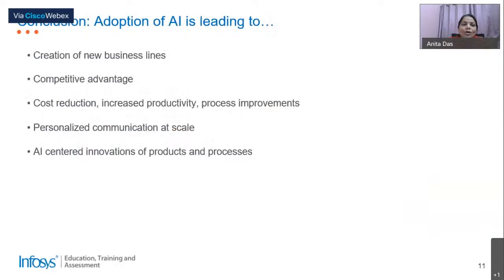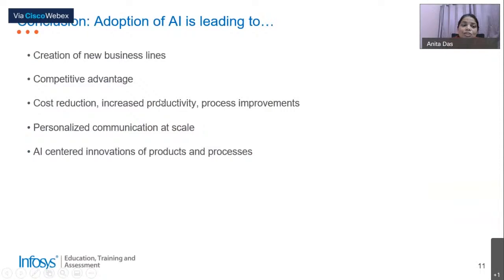So I can conclude what we discussed till now. Adoption of AI is leading to the creation of new business lines. This is what we saw in the Rolls-Royce example. Competitive advantage, like Netflix: if you have better recommendation systems, you will be the winner. Also cost reduction, increased productivity, process improvements, and personalized communication at scale.